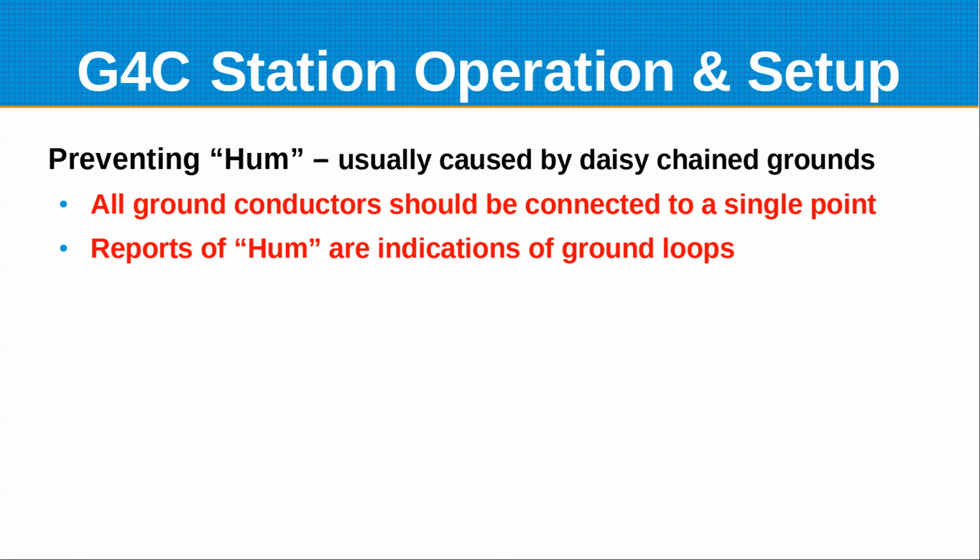A hum is just an indication that you do have a ground loop somewhere. Not necessarily easy to find, but if you are very careful and have everything tied together and to a single point ground, which goes to your ground rod outside the shack, you can reduce those.